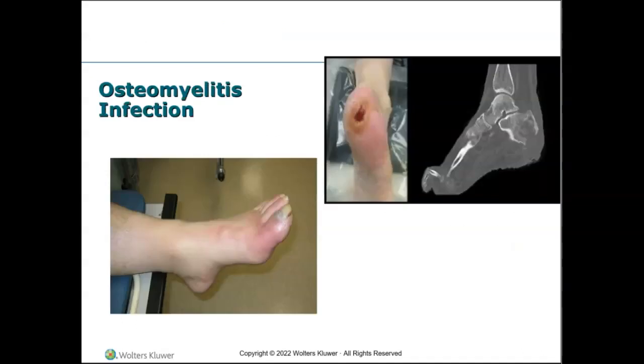And this slide shows clinical manifestations of osteomyelitis, right? And we're going to use negative pressure wound therapy, which will draw out fluid, infection, and air from the wound as it heals, thus helping it heal.